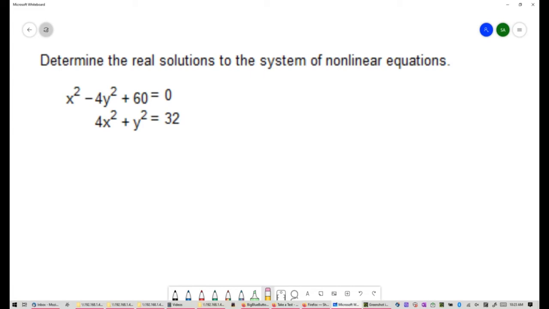Looking at these two equations, these are equations that we really haven't studied the graphs of in this class. You would study these graphs in a pre-calculus class. So these two are going to be a hyperbola and an ellipse.